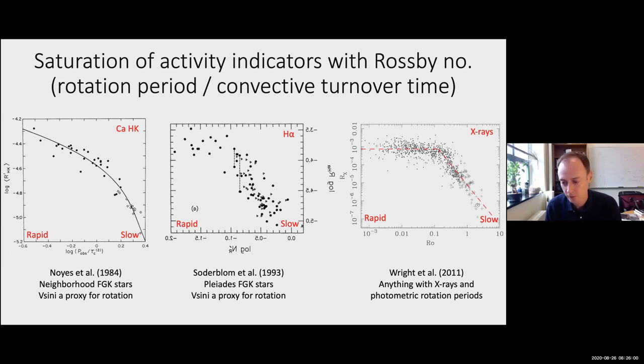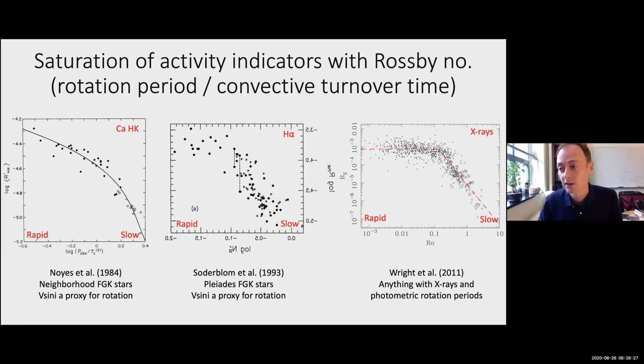And this has been studied for a long time, so I'm showing 3 plots here from papers across multiple decades, going back to the 1980s, by Noyes et al., where they show that for decreasing Rossby number in the star, where the Rossby number is defined as the rotation period of the star divided by the convective turnover time, which of course is something you have to assume.